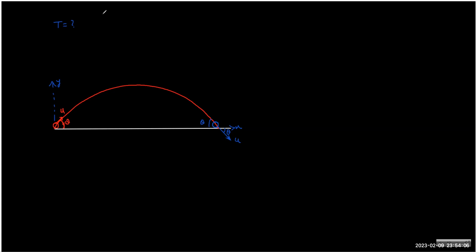I did kinematics and symmetry. Now I'm doing vectors. Sir, vectors, two methods, right, sir? Yeah. Using velocity and displacement. Correct.